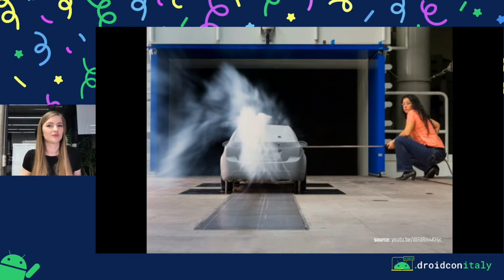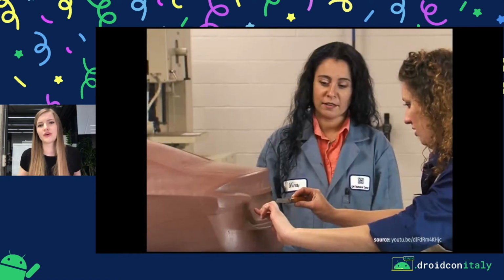At first that seemed very odd to me, but then I realized that it actually makes a lot of sense. Why? Well, because clay is very easy to shape. So using clay models allows them to make quick on-the-spot changes and immediately test how those changes affected car efficiency.